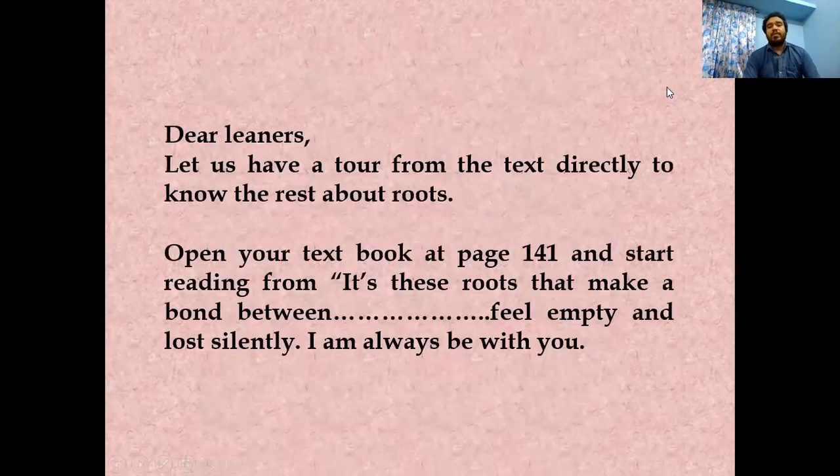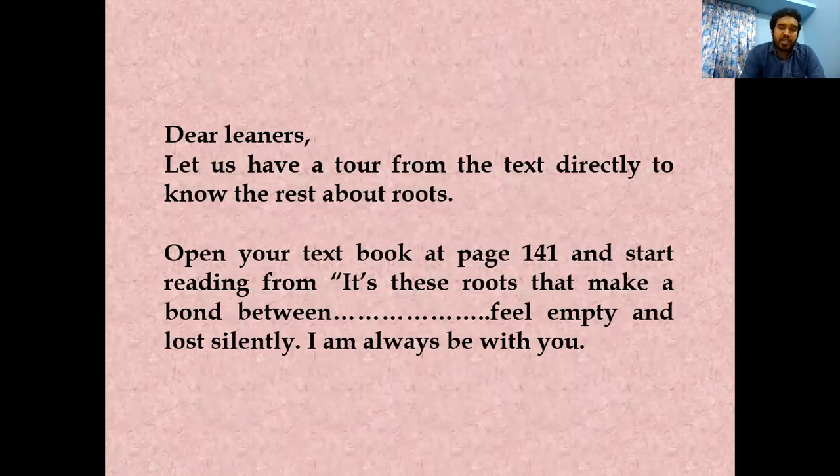Dear learners, let's have a tour from the text directly to know the rest about roots. Open your textbook at page 141 and start reading from "It is these roots that make a bond between..." to "...feel empty and lost. Silently, I am always with you." Now, dear students, you have to take out your textbook and read the text properly.